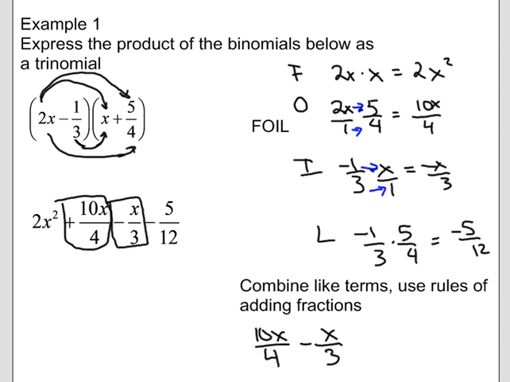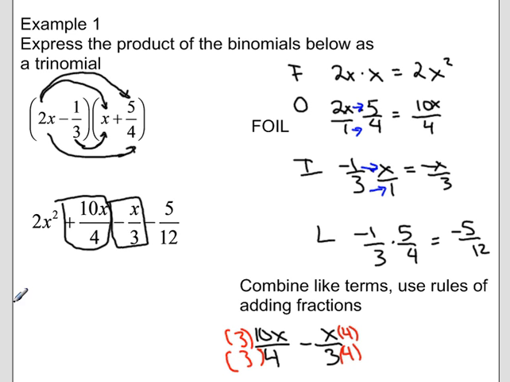When you subtract fractions, you need a common denominator. So I'm going to multiply this by 4 to get a common denominator of 12, and I'm going to multiply this by 3.